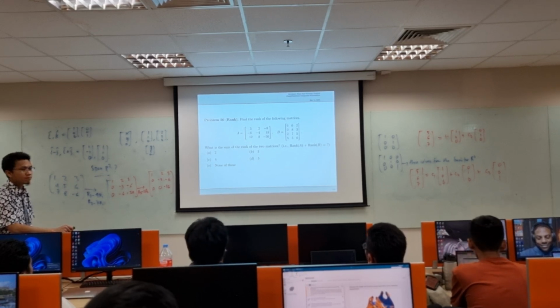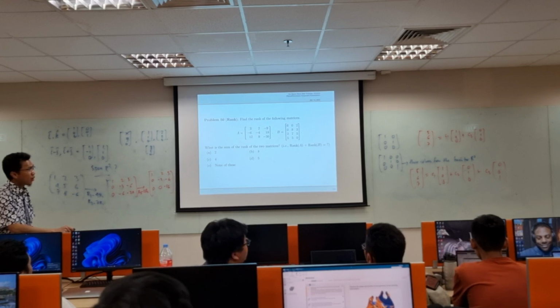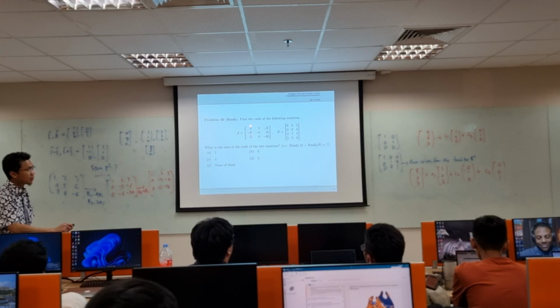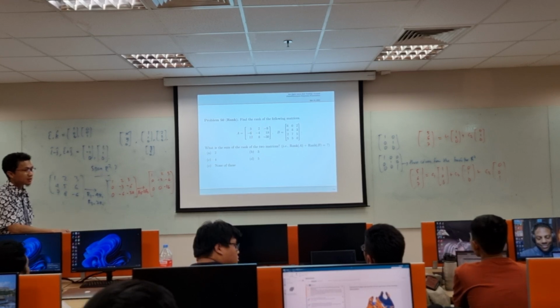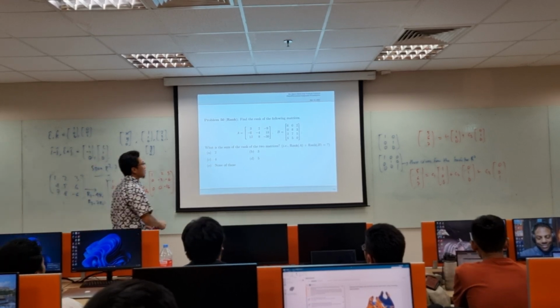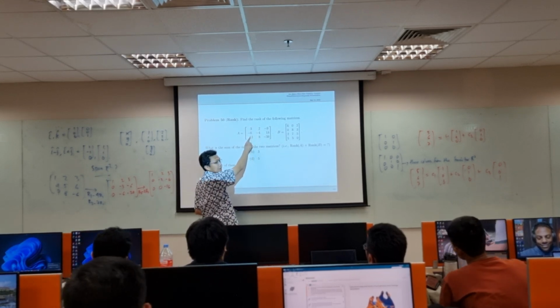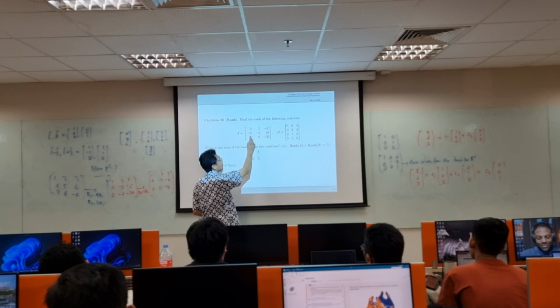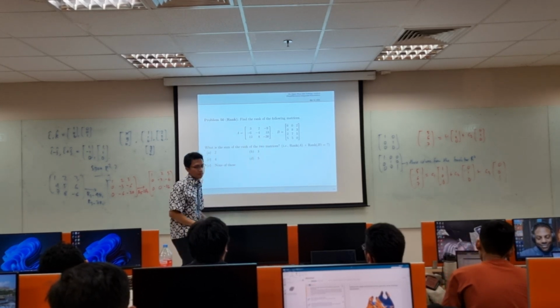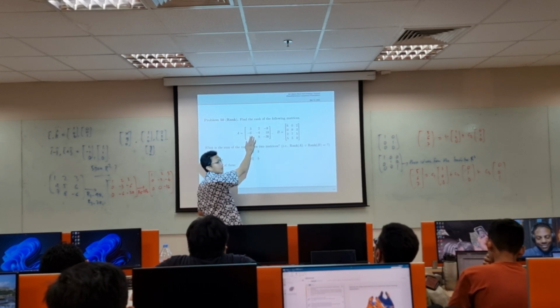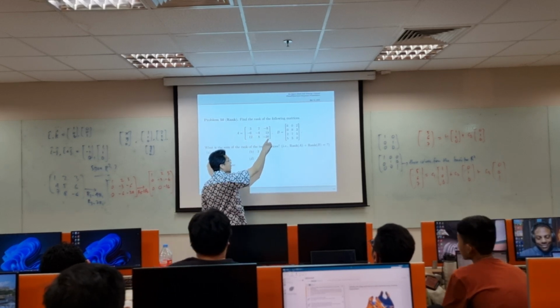Sir, why is the rank of A 1? It is 1, and only one factor is independent. The other two are dependent on this. You see what I mean? This one is independent. These two depend on this one. I can express column 2 using column 1. I can express column 3 using column 1.